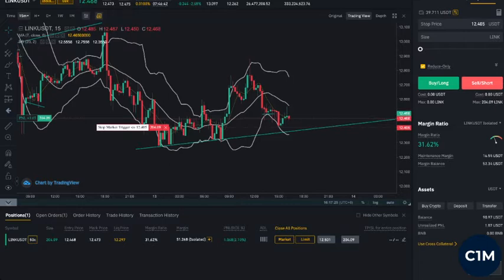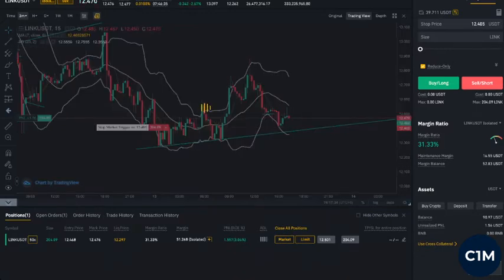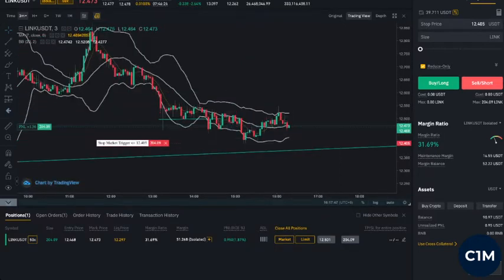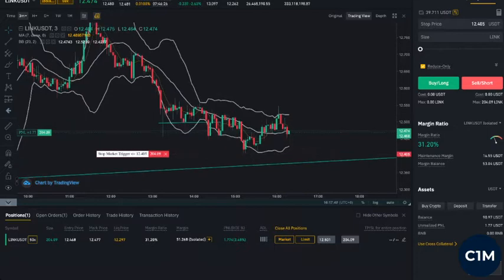There we go. So 3-minute candles I actually like quite a lot. They're obviously 1 minute, but a few more of them. And it just gives you a nice feel of what is going on the short-term side of things.